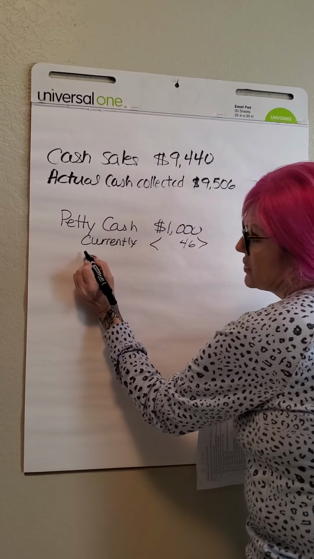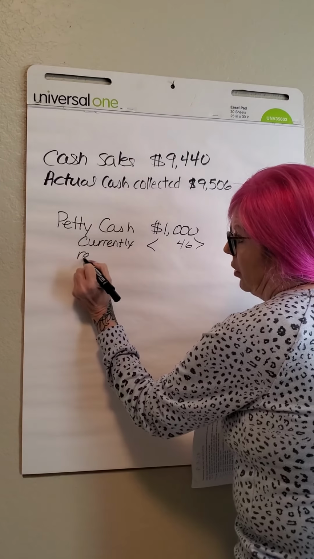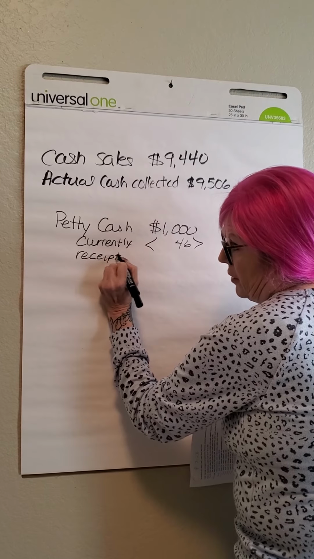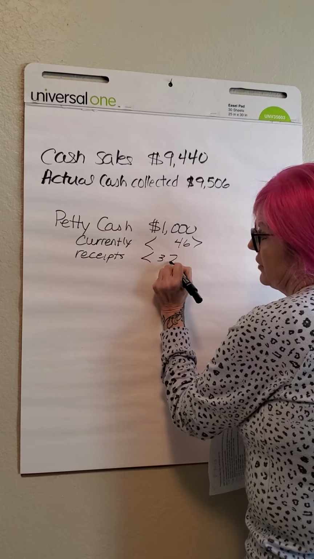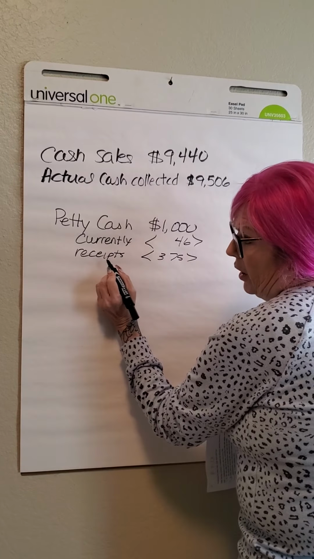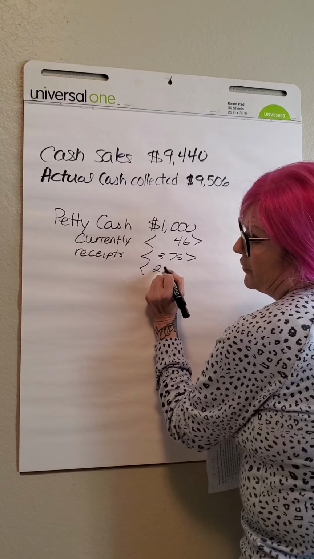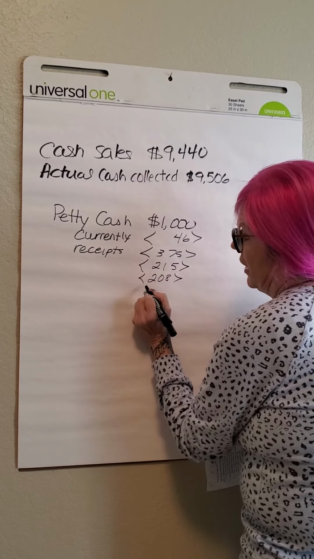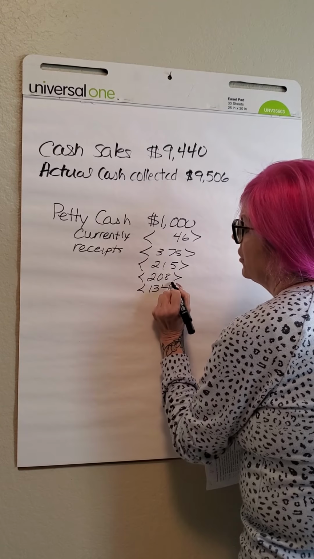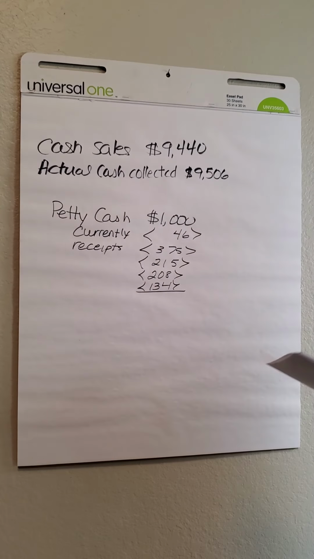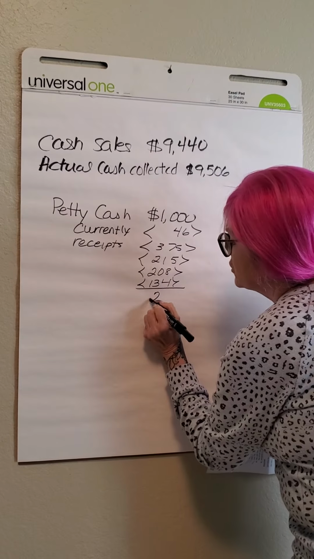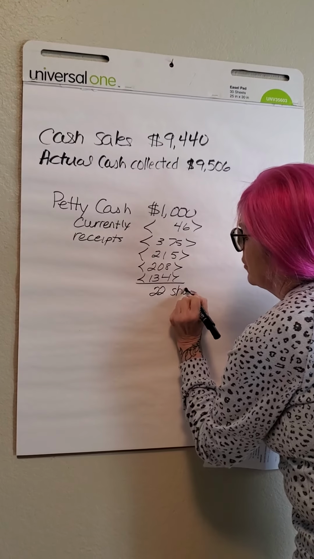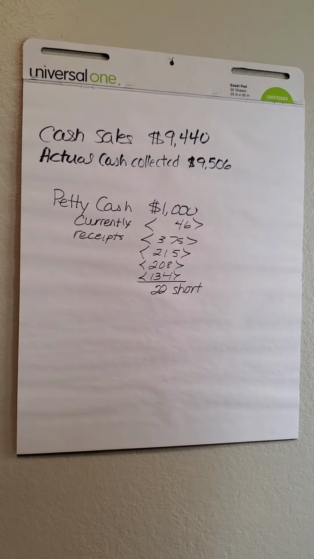And then we have receipts for the $375, the $215, the $208, and the $134. And that leaves us $22 short. So we're going to debit that to the cash over and short account.